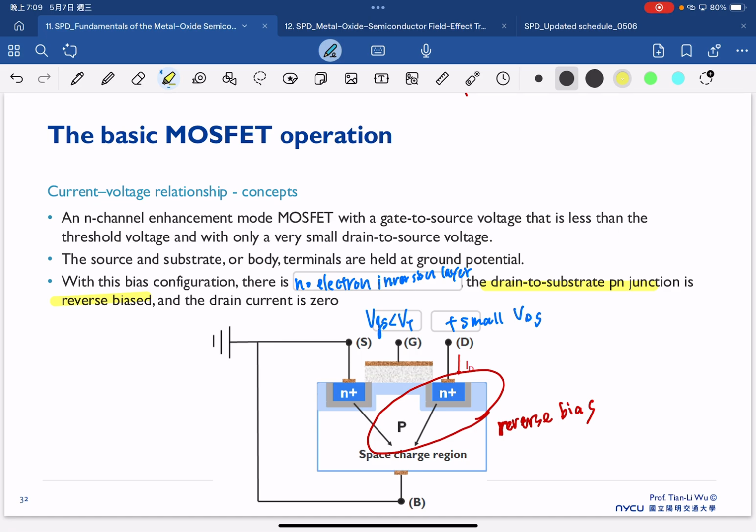So we should foresee a depletion region at this PN junction interface.